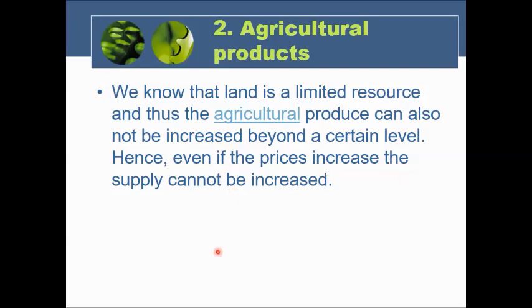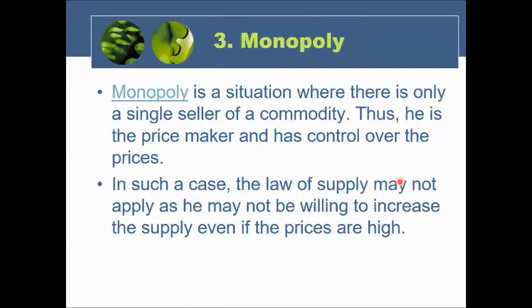This is what happens in examples like vegetables or plants, our agricultural products, because of the calamities that happen. So there is a change where even if the supply is small, they cannot control or increase the agricultural products. So that's why even if the prices increase, the supply cannot increase.